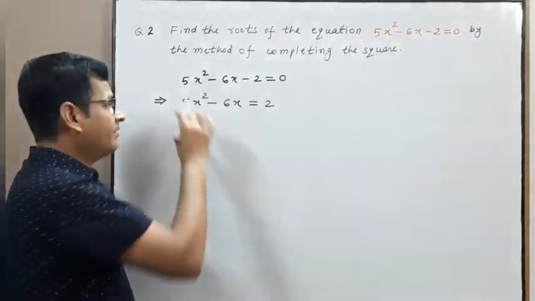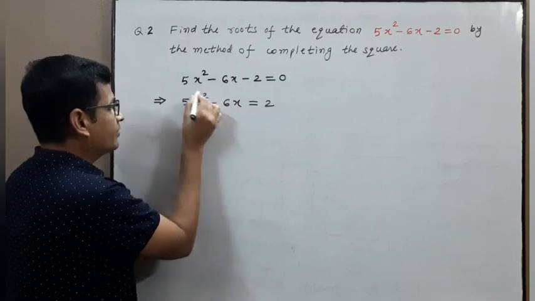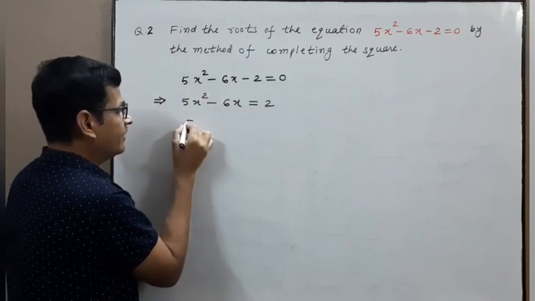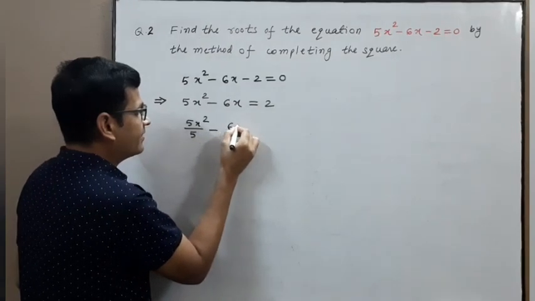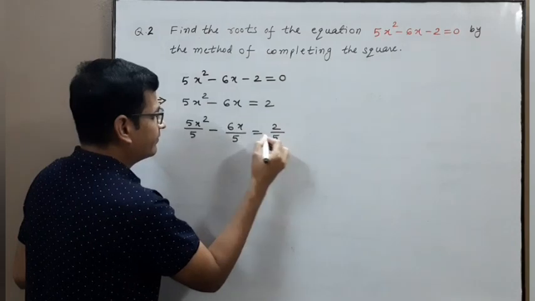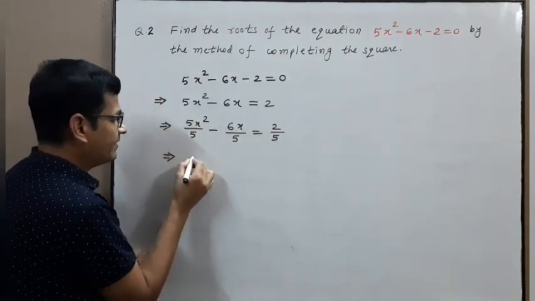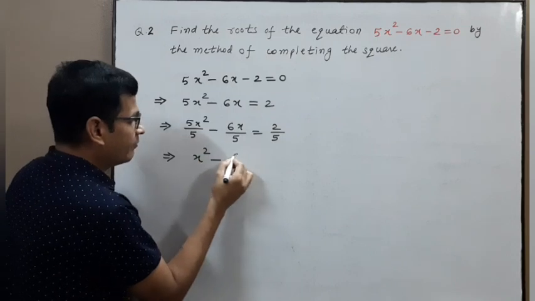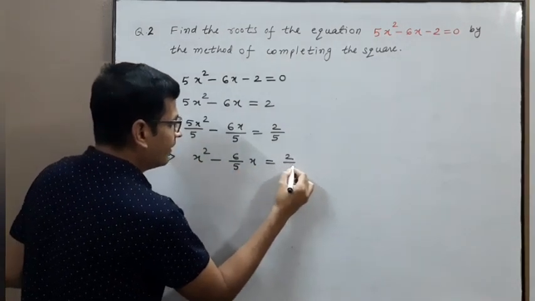For this, dividing both sides by 5. So divide the first term by 5. So we get 5x square upon 5 minus 6x upon 5 is equal to 2 upon 5. 5 and 5 cancel, so we get x square minus 6 upon 5 x equal to 2 upon 5.